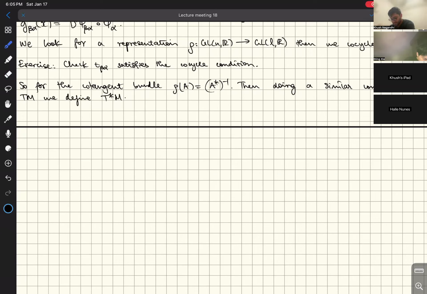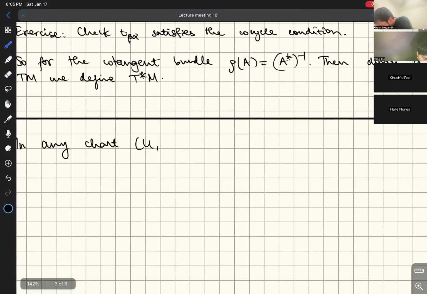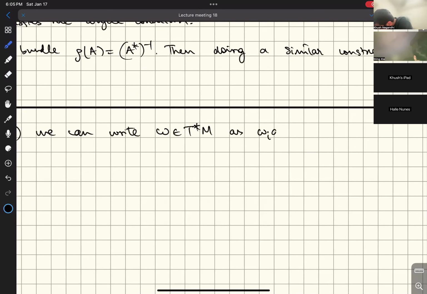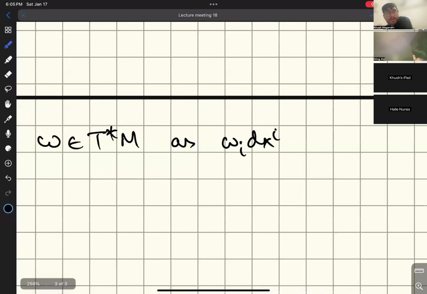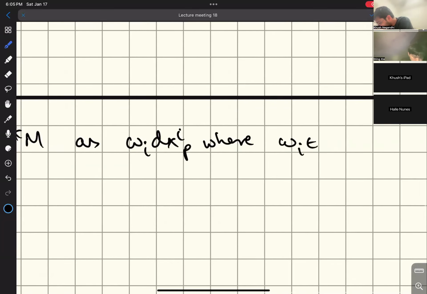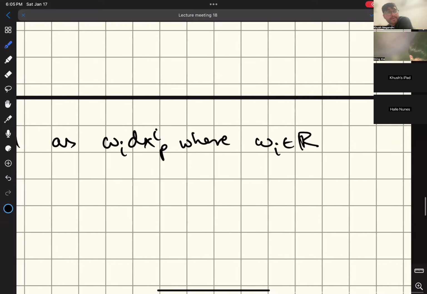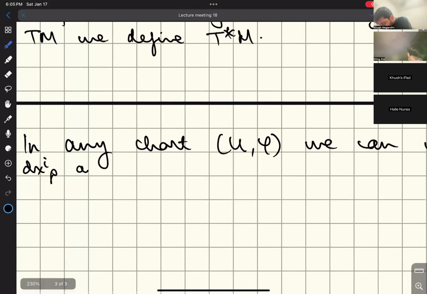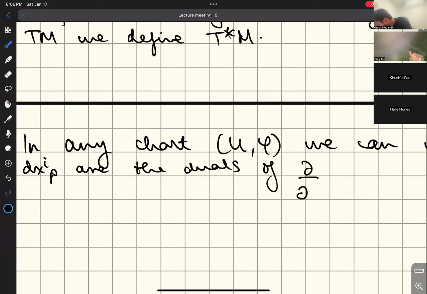So in any chart (U, phi), we can write omega in T star M as omega_i dxi, where omega_i is in R, and dxi at p are the duals of partial xi.